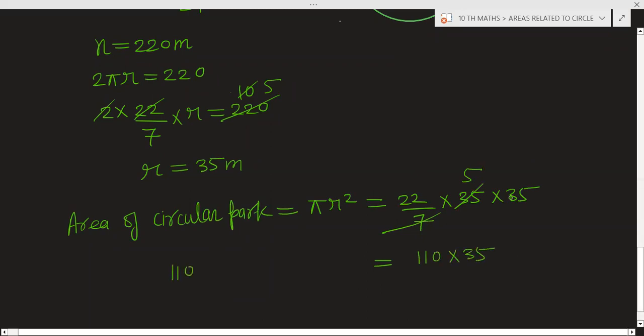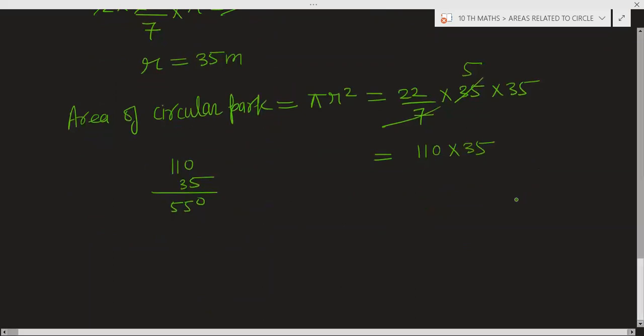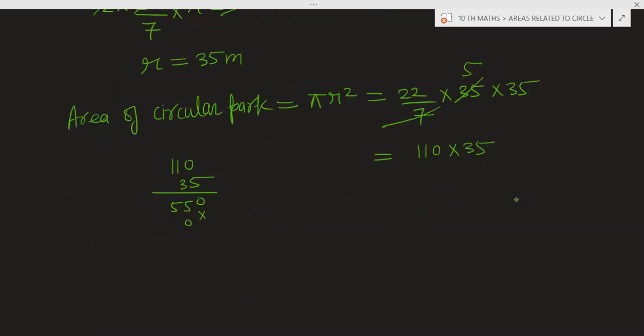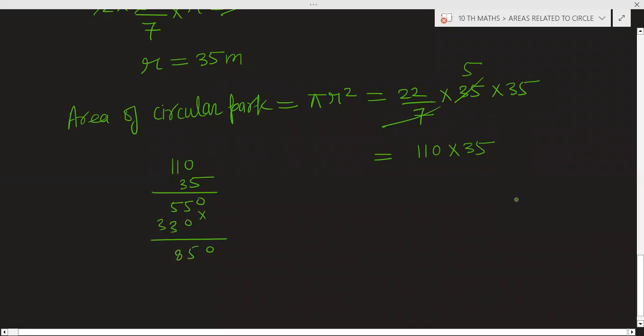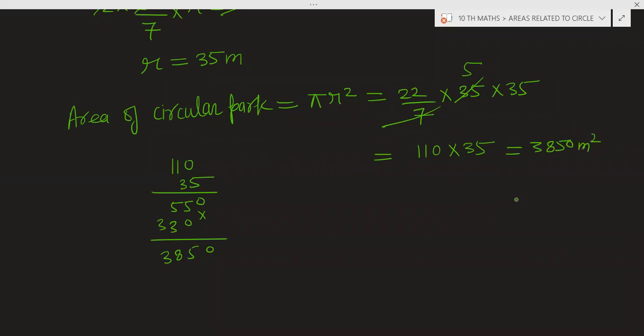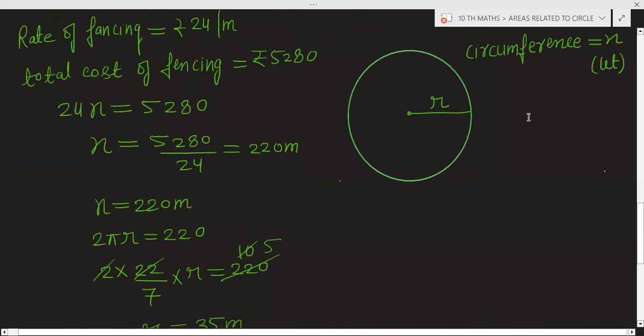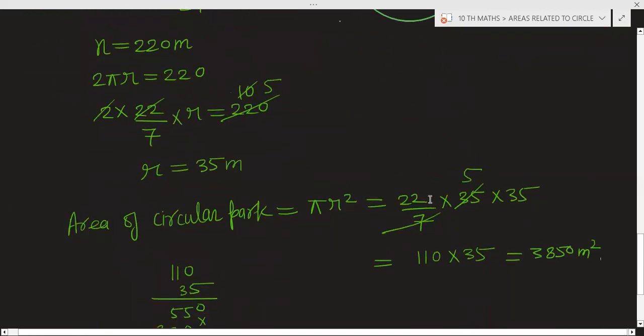When you multiply 110 with 35 you will get 3850 meter square, meaning the total area of the circle is 3850.